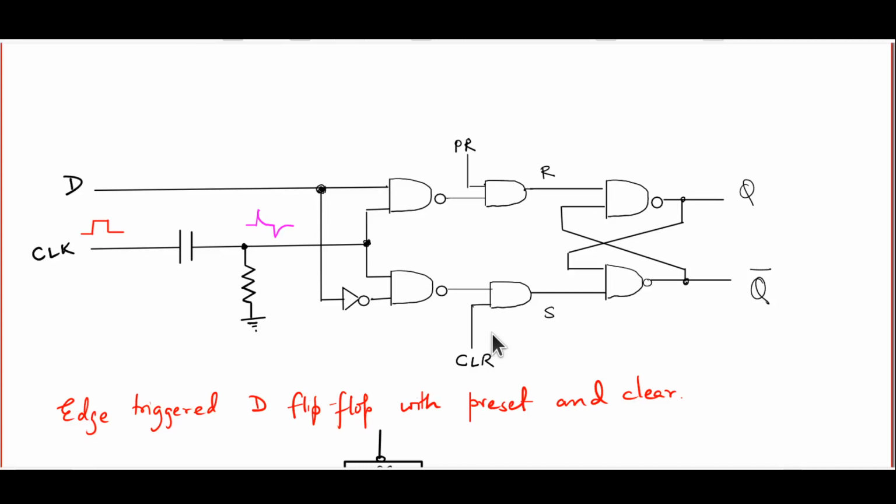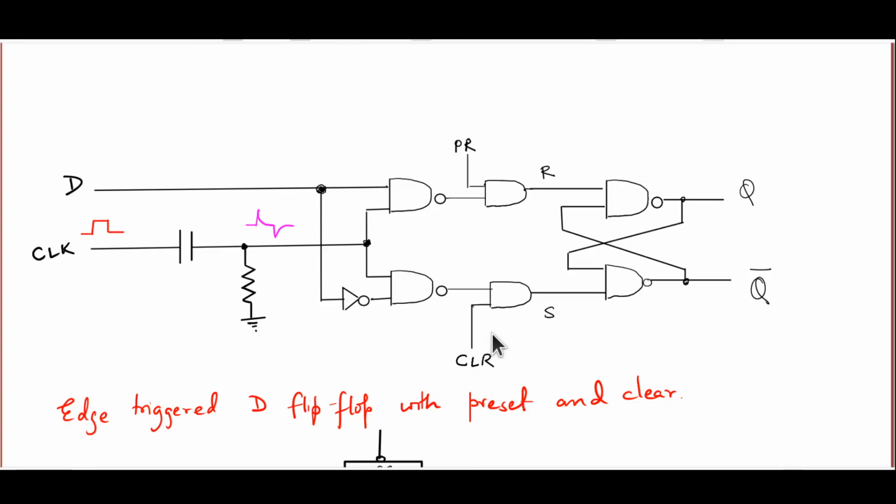In this circuit, PR and CLR have priority. If you activate them, that is, send them low momentarily and then of course send them back high, Q and Q bar will respond. And after that, with PR and CLR going back to high, the normal operation of the flip-flop as dictated by D and the clock value can go forward.